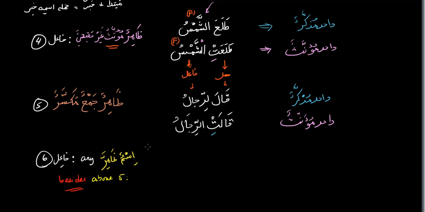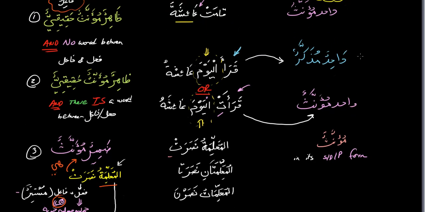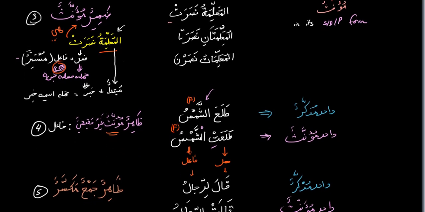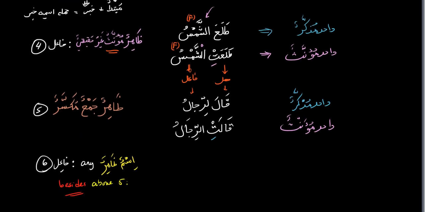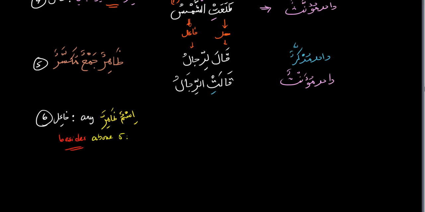Okay, what were the above 5? Just as a reminder, the above 5 were, if you have zahir mu'annas haqiqi, Fatima, zahir mu'annas haqiqi, and there was a word in between. Okay, and then damir mu'annas. Okay, and zahir mu'annas ghayru haqiqi. Okay, and zahir jam'u mukassar. Okay, anything other than this, wahid corresponding to gender.